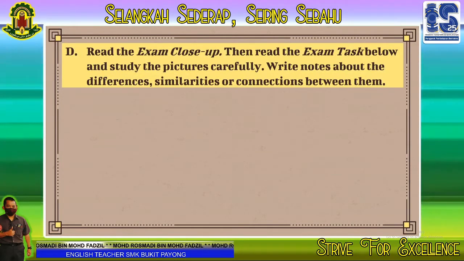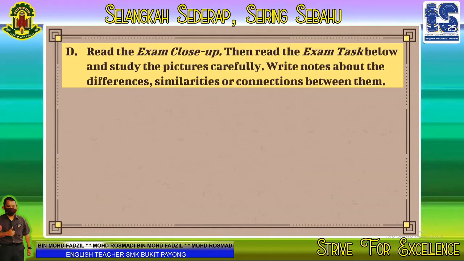Now let's go to exercise D. Exercise D. What are you going to do? Okay, this one I need you to read the information in the exam close-up box. Can you see in your textbook ada kotak exam close-up tu?